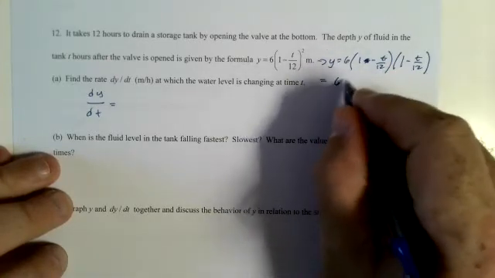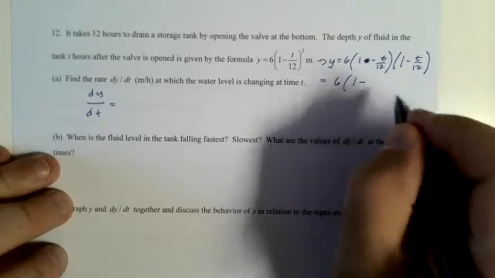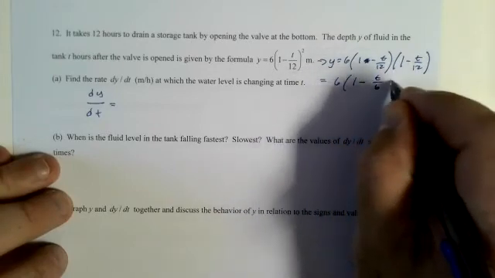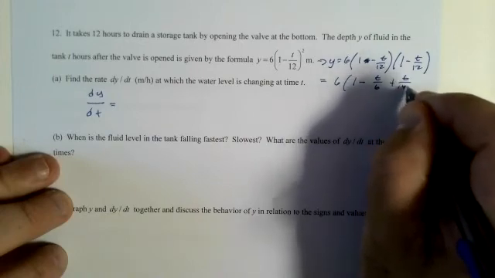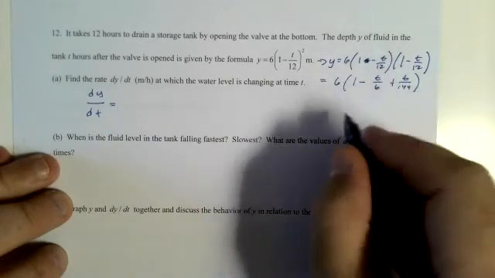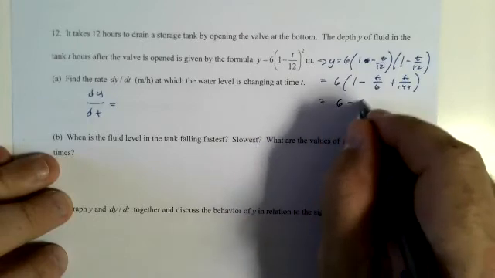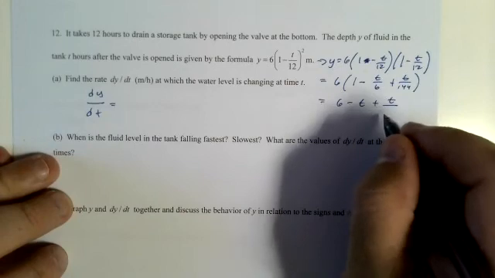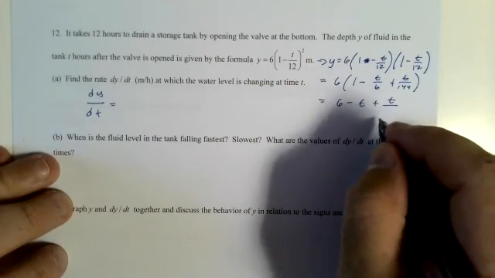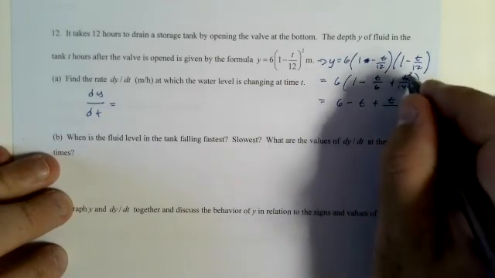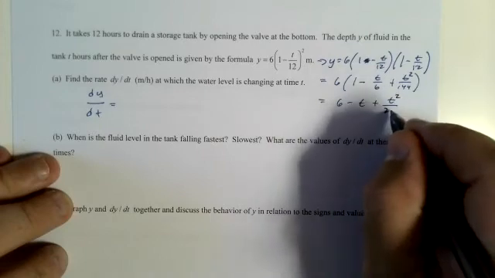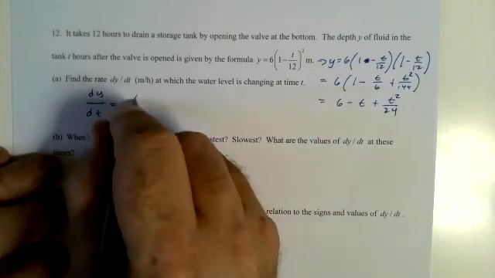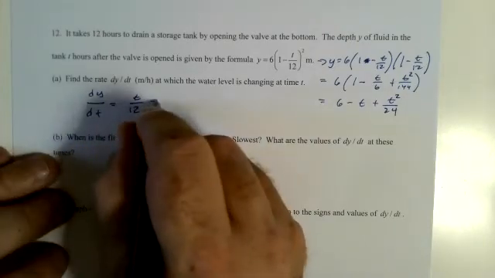Yeah, I'll do it all. 6 times 1 minus t over 6 plus t squared over 144 equals 6 minus t plus t squared over 24. dy/dt will equal t over 12 minus 1.